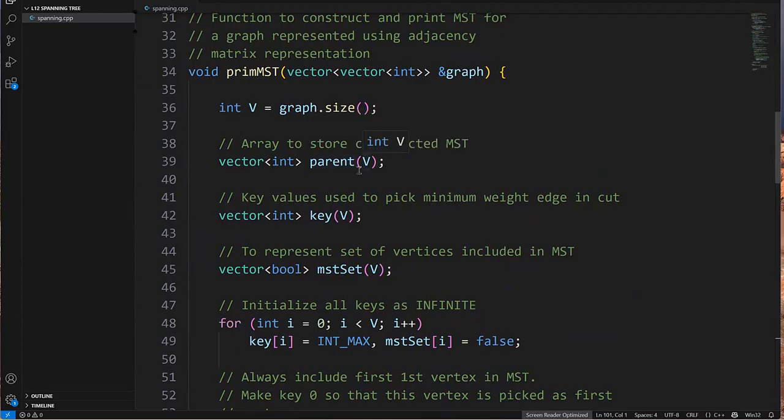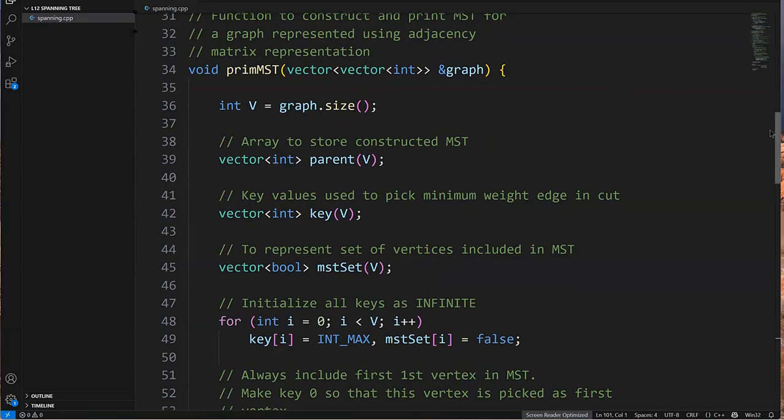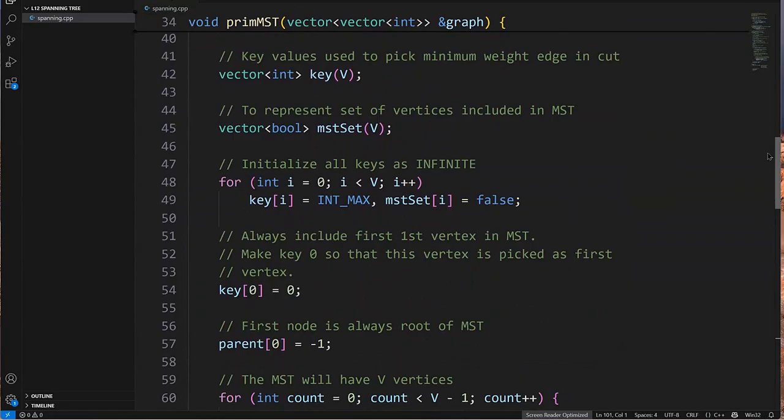Parent is actually your parent node number for each node. And then key value is to pick the minimum weight, so each vertex has an edge that has the minimum weight. And this MST set is the included or not included set. So from there, initially all of your key[i], your connection to your node, are set to the maximum, and every node is not included.